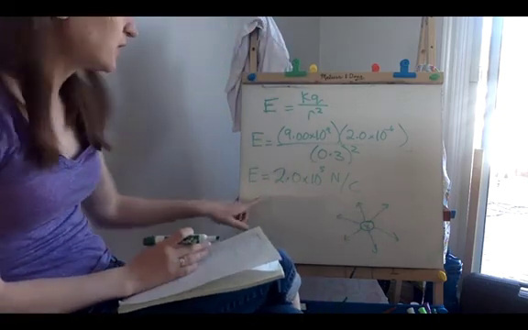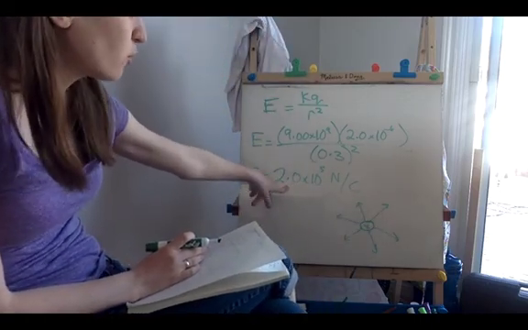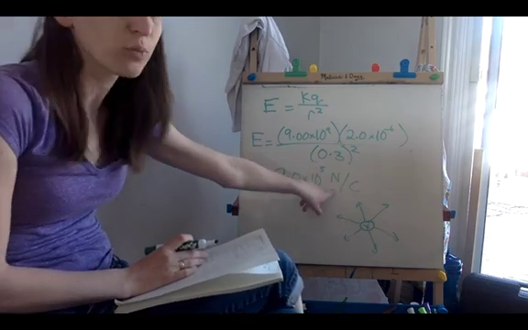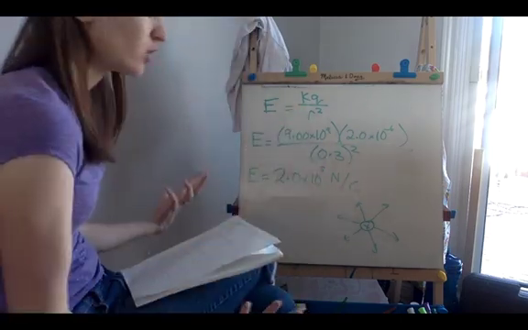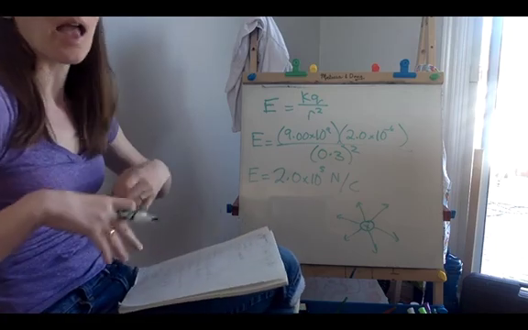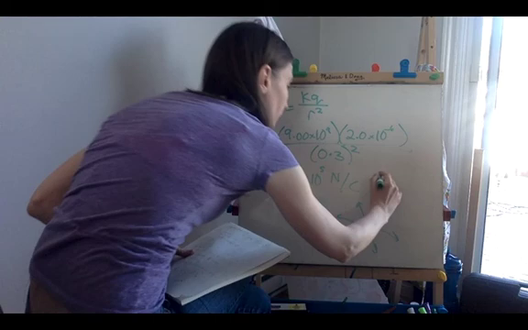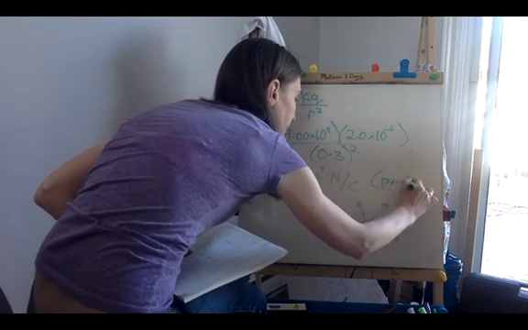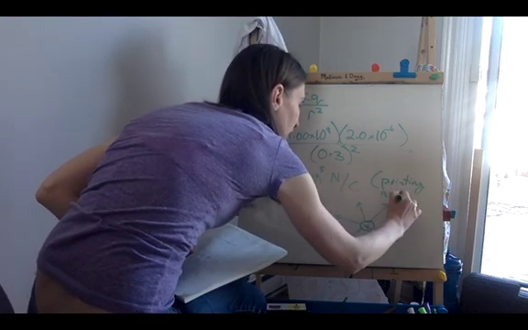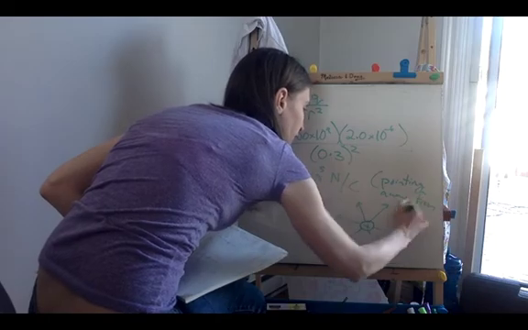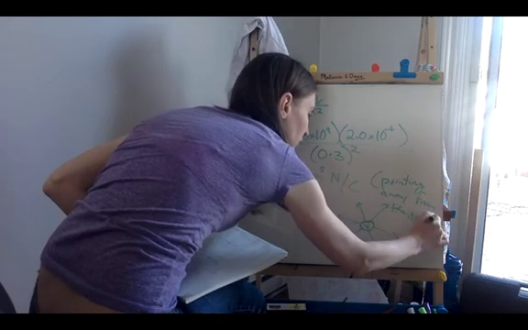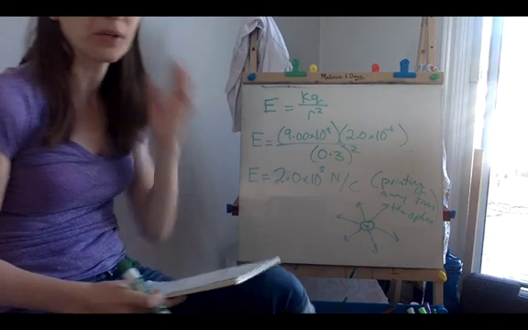So the field intensity has a magnitude of 2.0 times 10 to the power 5 newtons per coulomb, and in terms of direction, all we can say is out of the positive charge, or pointing away from the sphere, because it was positive.